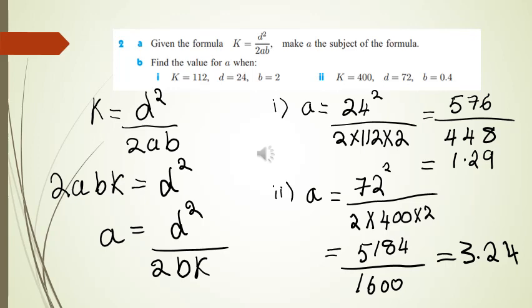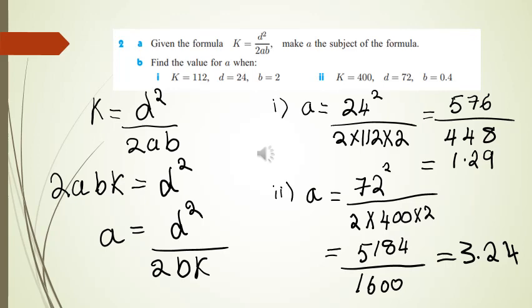Now we can substitute in order to solve the first one. Substitute for d by 24 and substitute for k by 112. So it's 24 squared over 2 times 112 times 2.